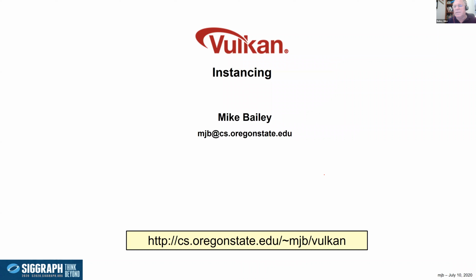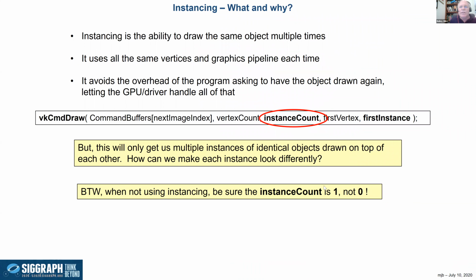All right, instancing. When we were talking about the commands to do drawing, you saw that there were some instance counts going on. What in the world is that? Instancing is the ability to draw the same object multiple times. And this comes up a lot: instead of drawing one cube, I want to draw a 3x3 grid of cubes.